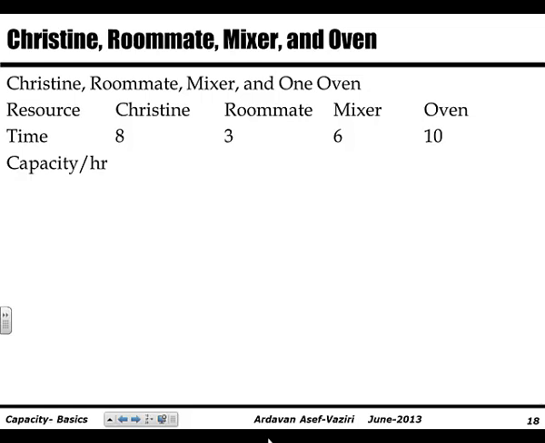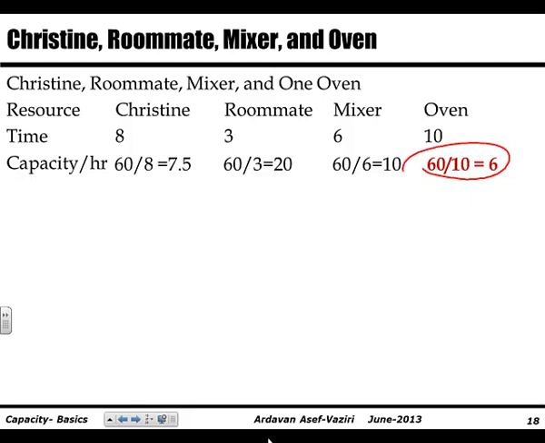Capacity per hour is 60 divided by 8, 60 divided by 3, 60 divided by 6, and 60 divided by 10. Out of these four numbers, this one is the smallest. Therefore, capacity of the process is 6 per hour.